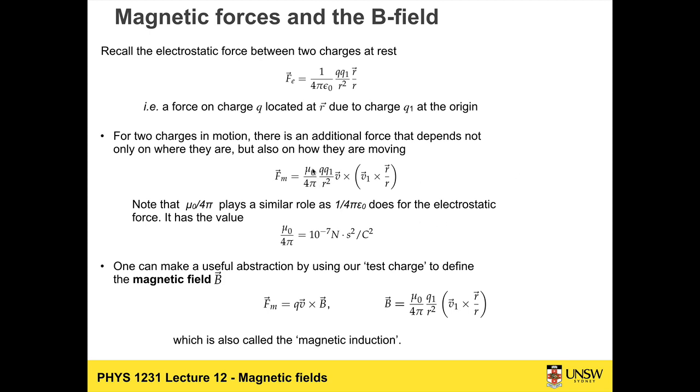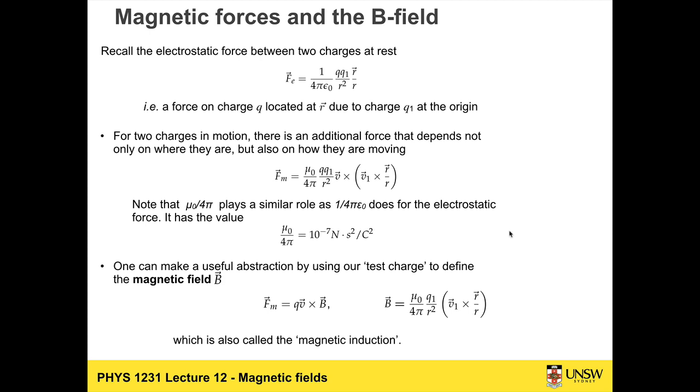The force is proportional to this constant mu naught over 4 pi, and this mu naught has an exact value, and we described why this value was exact in physics 1B. We'll see that in just a minute.